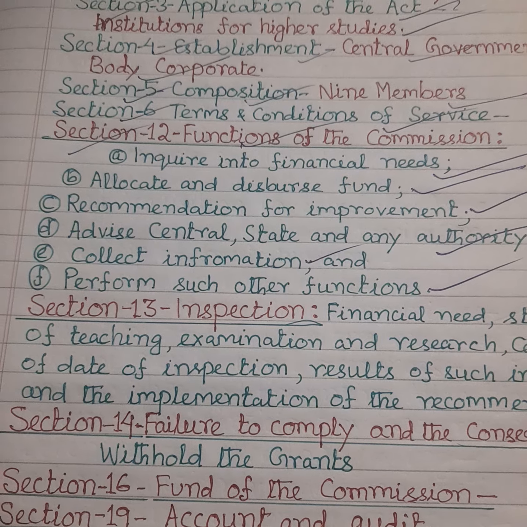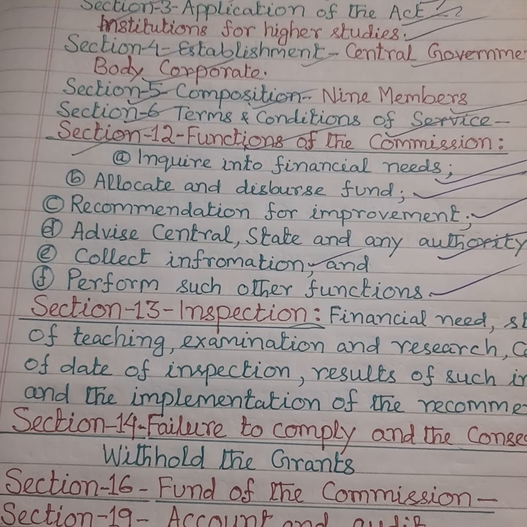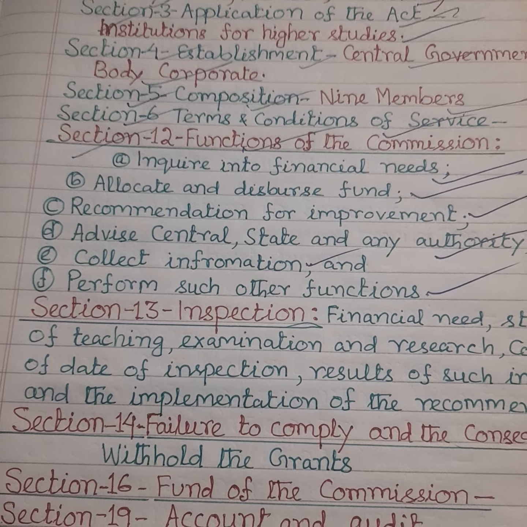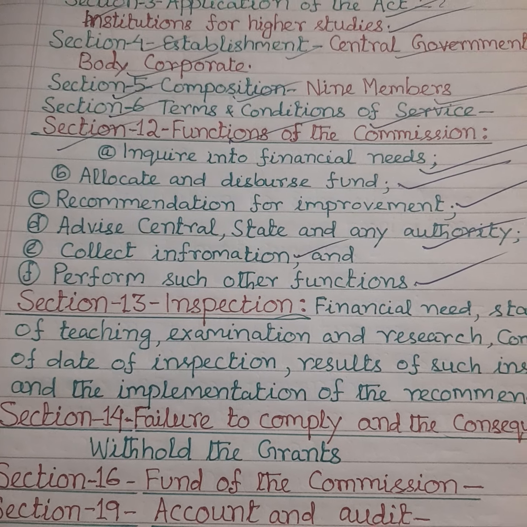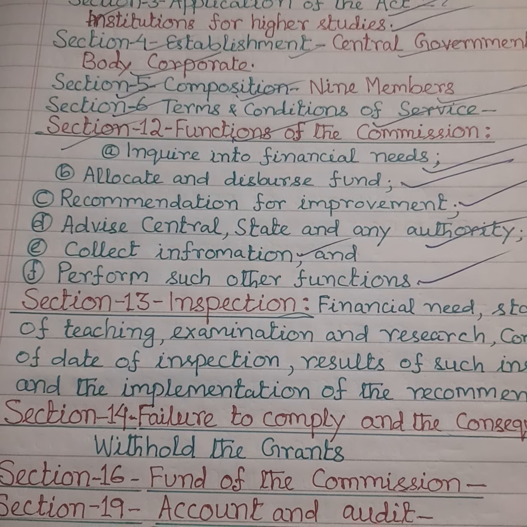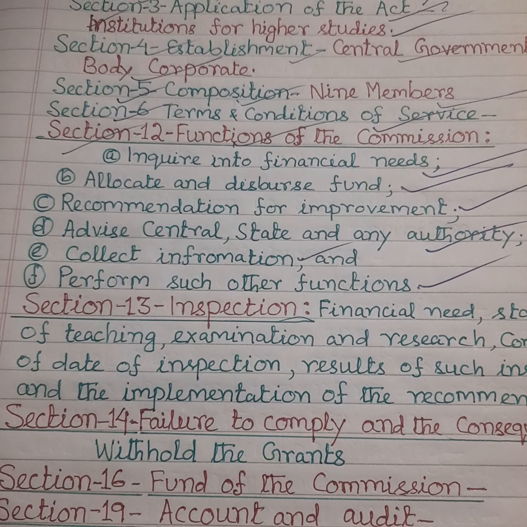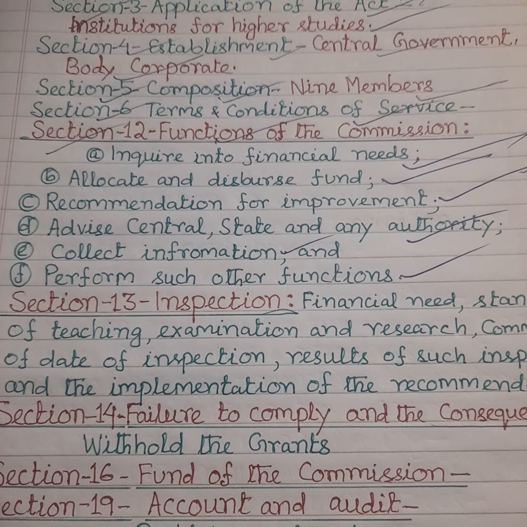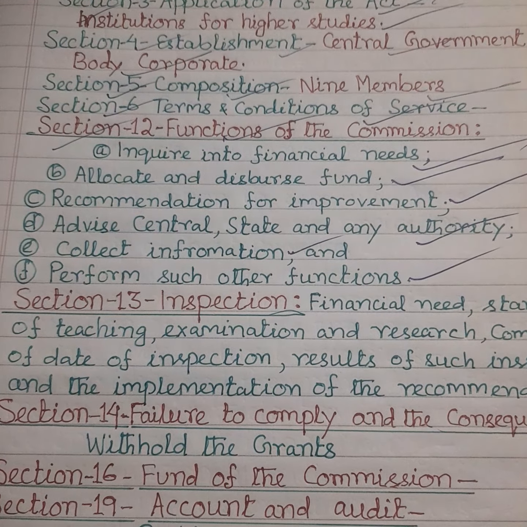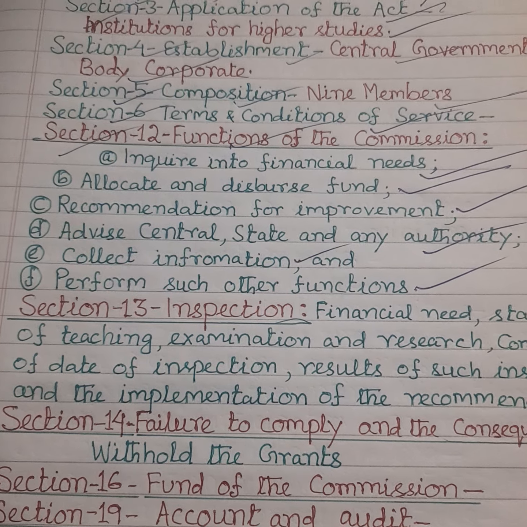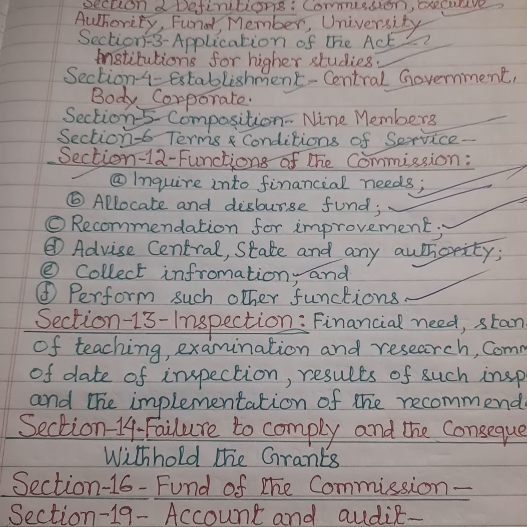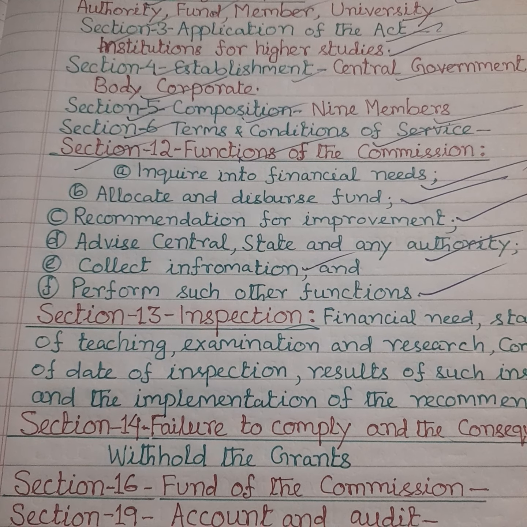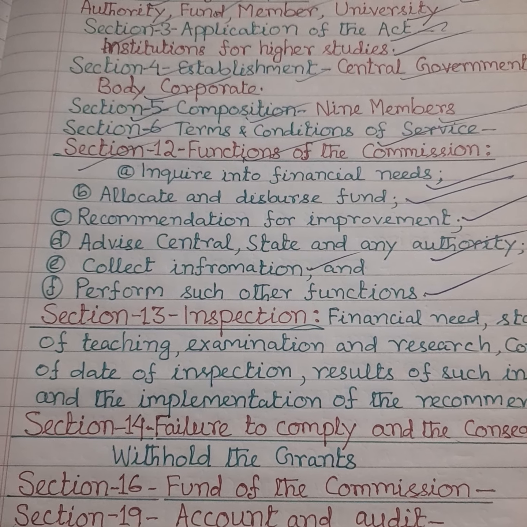It would also advise the central government or any state government on the allocation of any grants to universities for any general or specified purpose out of the Consolidated Fund of India or the Consolidated Fund of the state, as the case may be. It would also advise any authority, if such advice is asked for, on the establishment of a new university or on proposals connected with the expansion of the activities of any university.